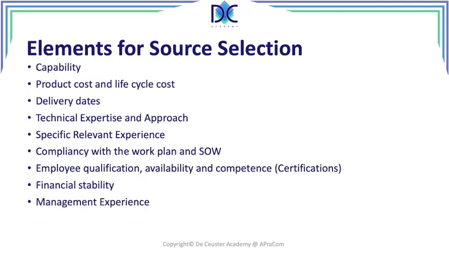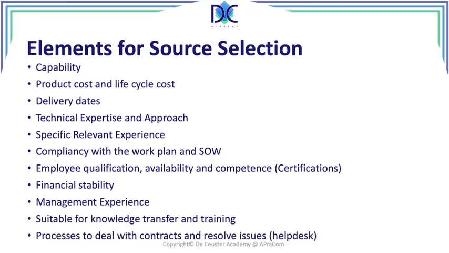Management experience of the company, suitable for knowledge transfer and training, and processes that can exist, also how to share information and how to resolve issues, help desk. I don't want to deal with a company which has no experience when things go bad.